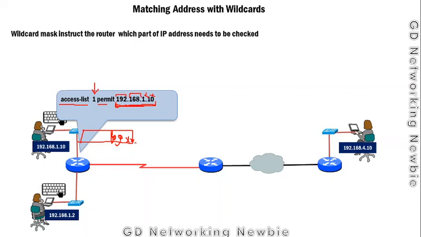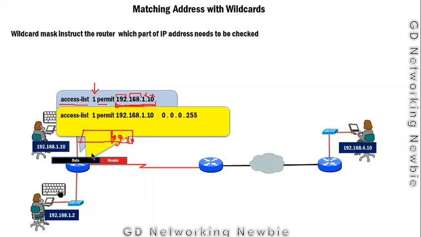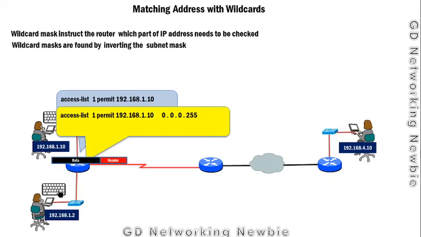How do we convey this information to the router? For that purpose, we use the wildcard mask. For example, we can say that when you receive a packet, look at the header part, find the IP address, and match only the first three octets.